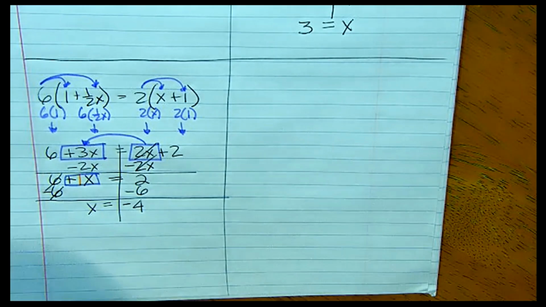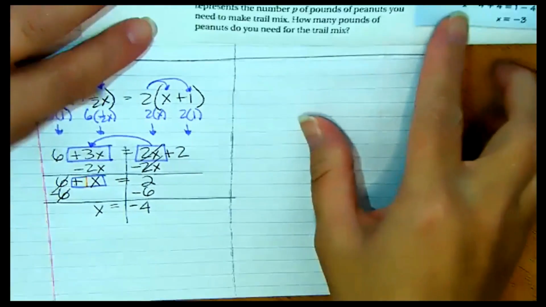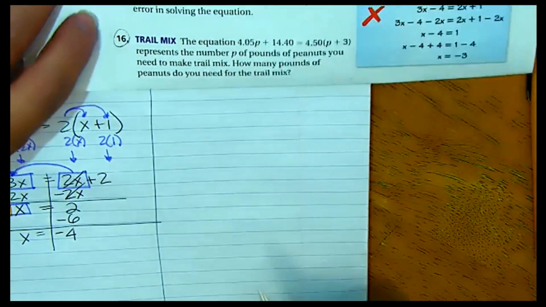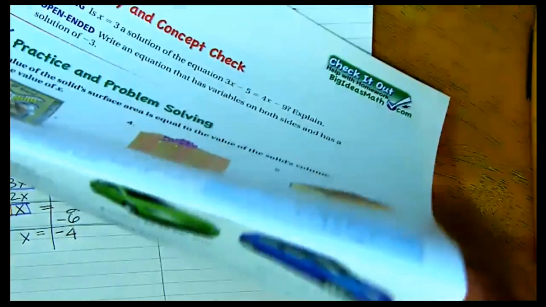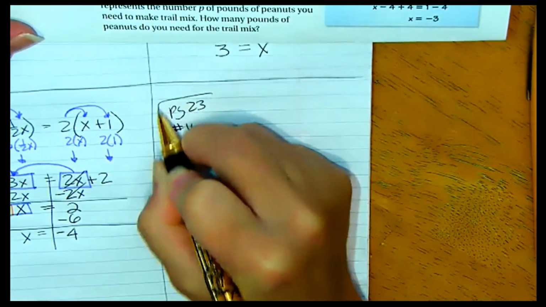Okay, I want to set one problem up with you before I release you to do homework. So in your homework, you're going to see this problem. It is page 23, number 16.